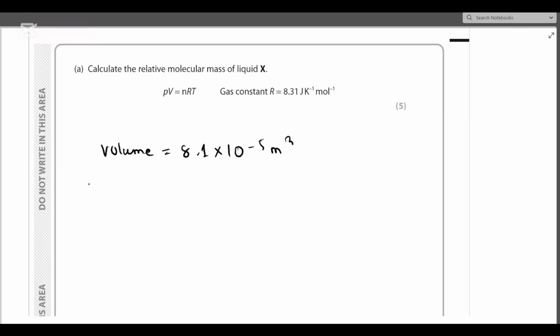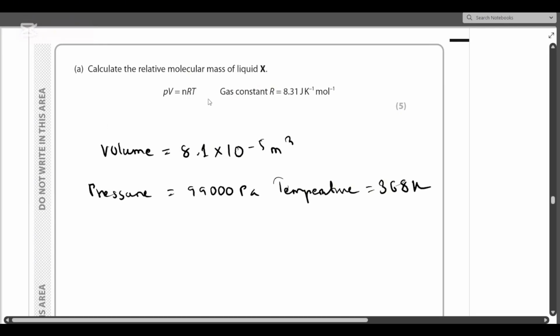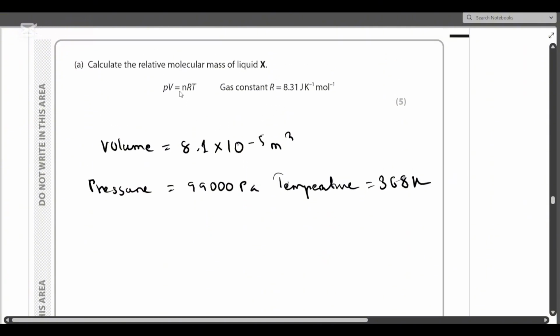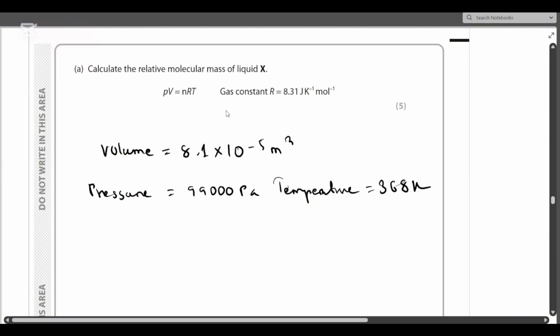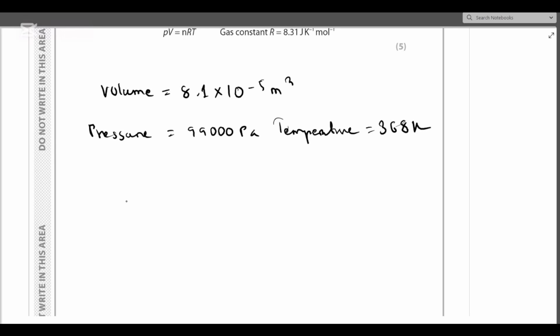Then you have the pressure as 99,000 Pascal. The temperature, of course, as 368 Kelvin. And we literally know the gas constant as well. So now to find what? If we can find the number of moles, then we can easily find the molecular mass, right? So we can just rearrange the equation as PV by RT, which is pretty simple.